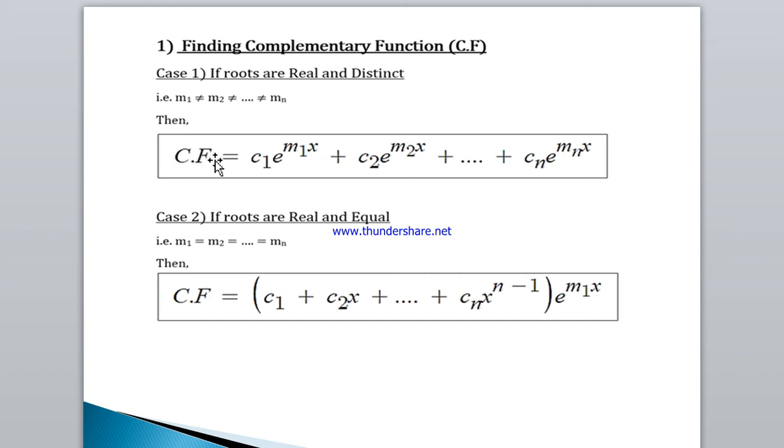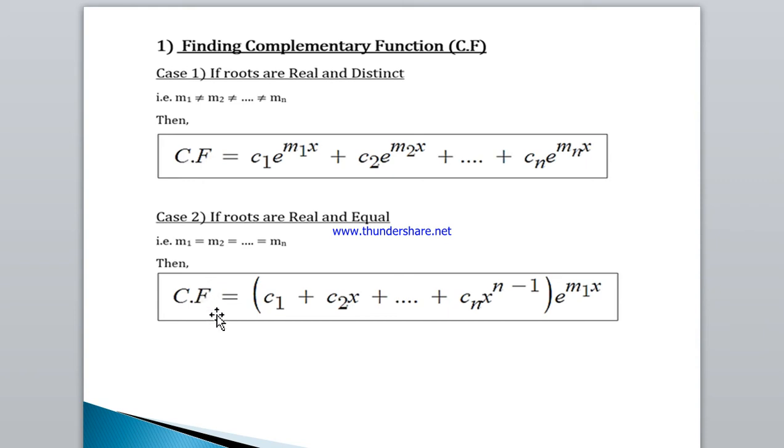The complementary function equals c1 e power m1x plus c2 e power m2x plus so on, cn e power mnx, is the complementary function when roots are real and distinct. Second case: if roots are real and equal, all the roots are equal, that is m1 equals m2 equals so on mn.